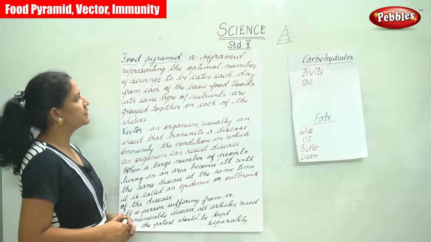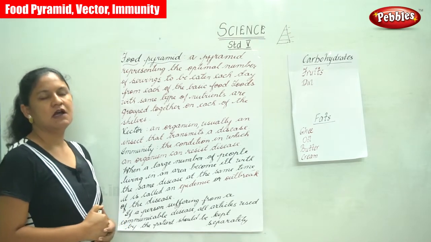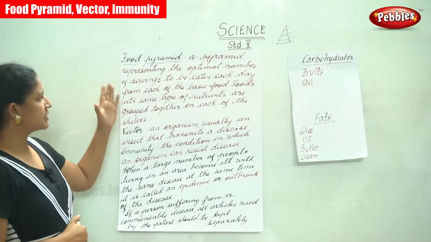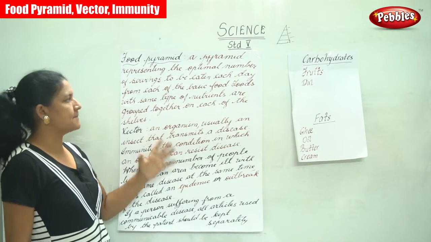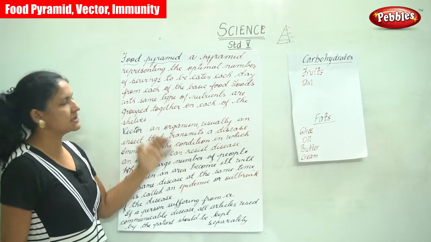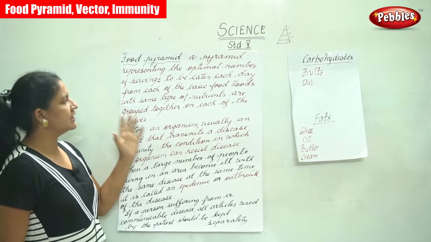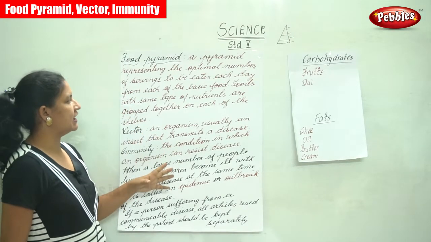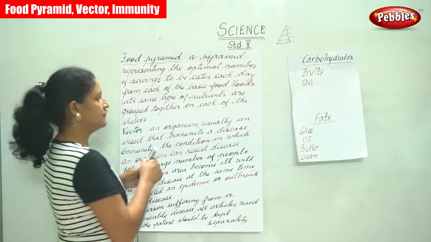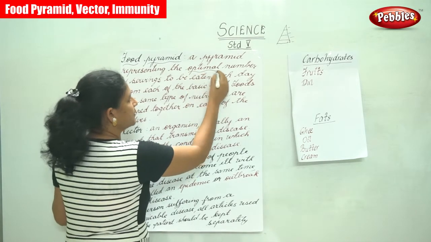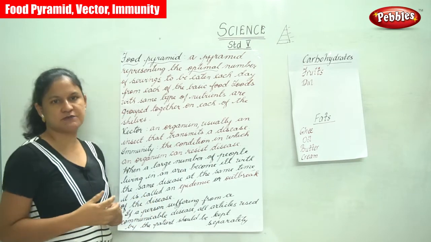A food pyramid is a pyramid representing the optimal number of servings to be eaten each day from each of the basic foods. Like for example, we are taking vegetables.